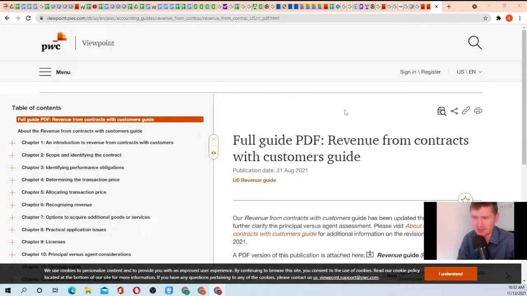Basically, what they tell you in the GAAP guidance is that you can measure your assets, you can measure your liabilities, you can measure your revenues and incomes, and your cost of sales will be whatever will balance everything.